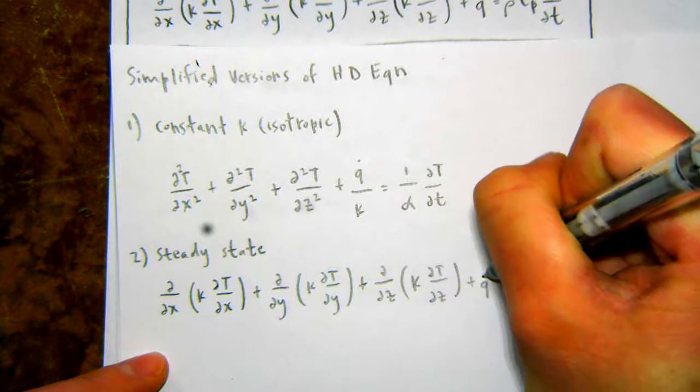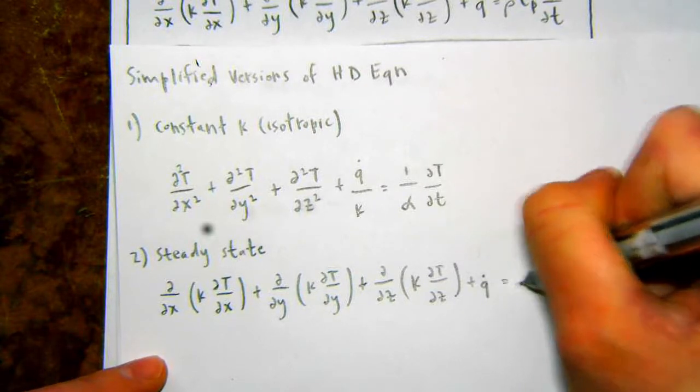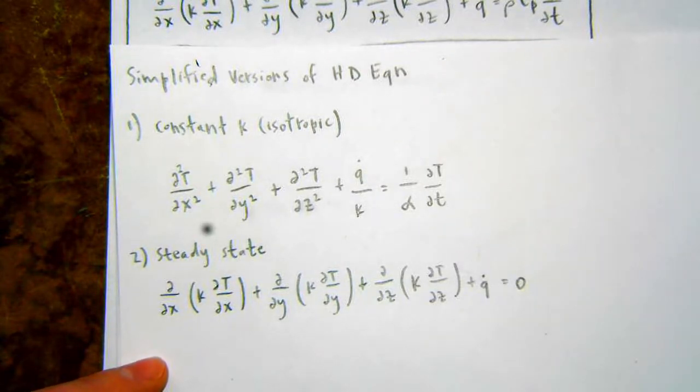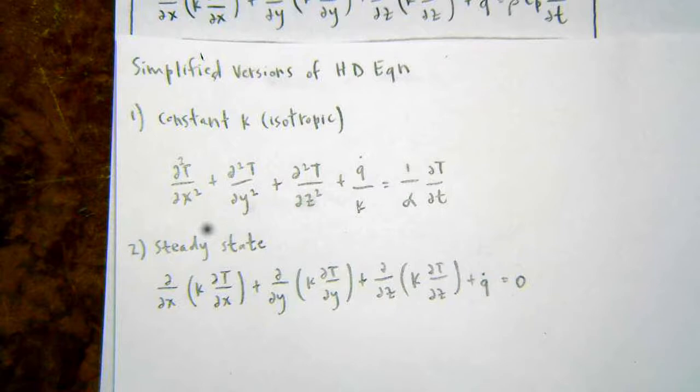And then the only time dependence that we have is this last term, and so that's just going to be set equal to 0. So this is basically the same as the general form, except the energy storage term is 0. There's no change in the rate of energy storage.